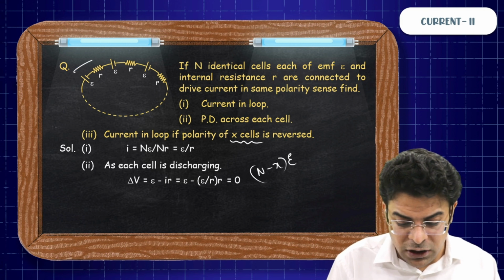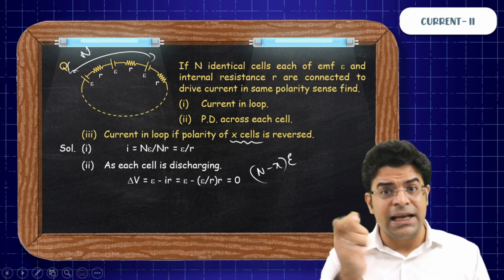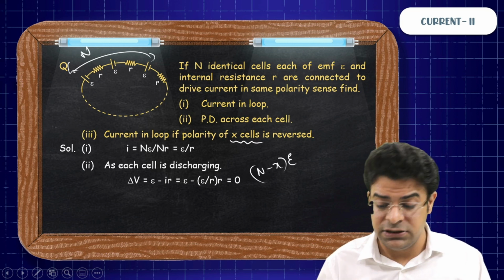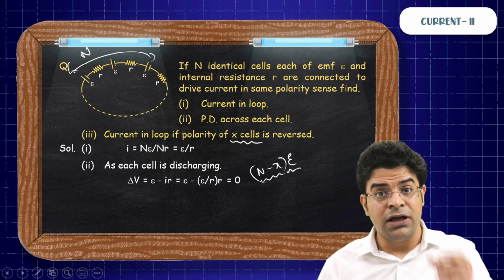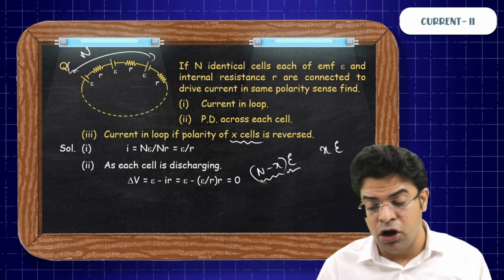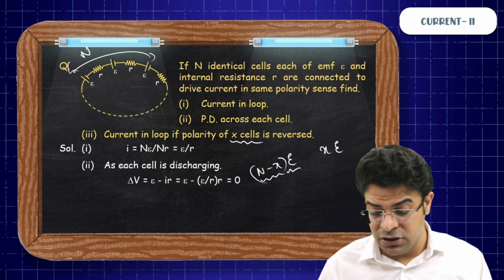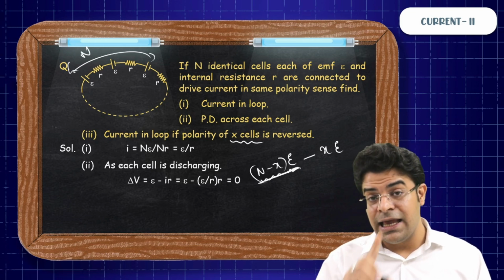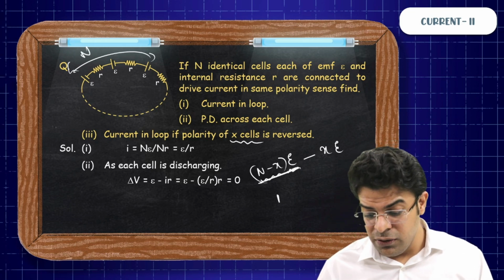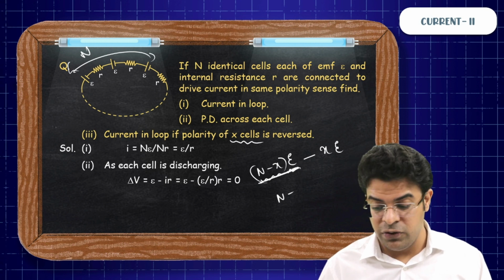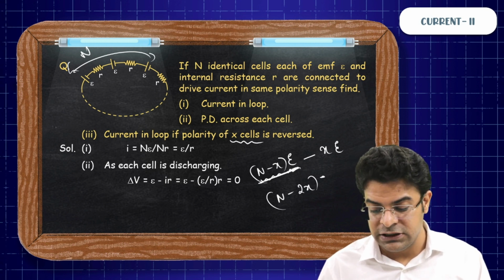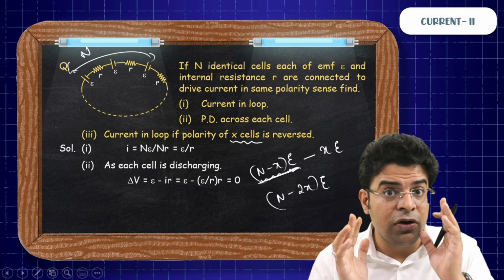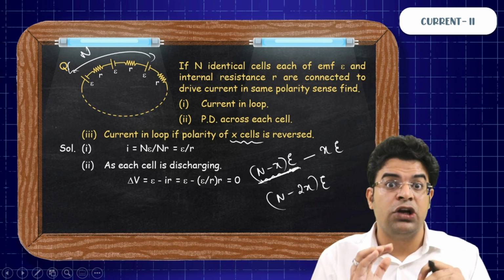So out of the total n cells, when you reverse x cells, the number of cells now trying to drive the current in the original sense is n minus x, but the other x cells are trying to drive current in the opposite sense. So the net EMF is not n minus x into E; it is n minus x into E in one sense minus xE in the other sense. So you get an equivalent EMF of n minus x into E minus xE, that becomes n minus 2x into E. So on reversing x cells, the effective number of cells does not drop by x, it drops by 2x.